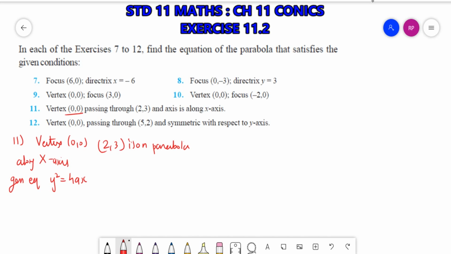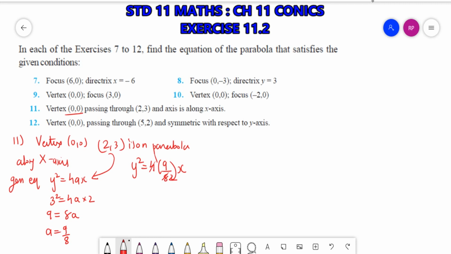Now see, point (2, 3) lies on this parabola. So let's put down the x and y coordinates. 3 square equal to 4a into 2. Clear? So 3 square, 9, is equal to 8a. So a will be equal to 9 by 8. I got the value of a. Now let's put it in the general equation, y square equal to 4 into 9 by 8 x.